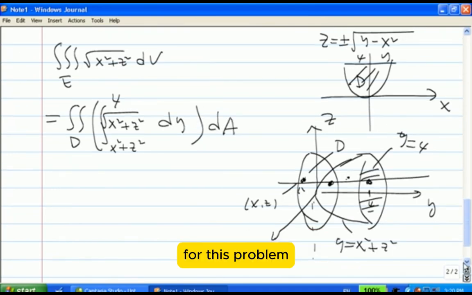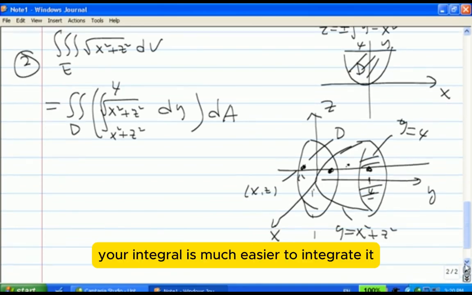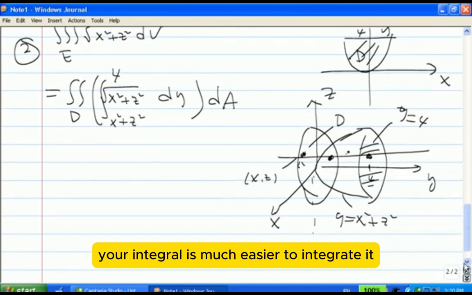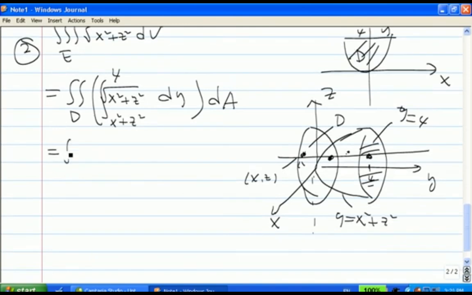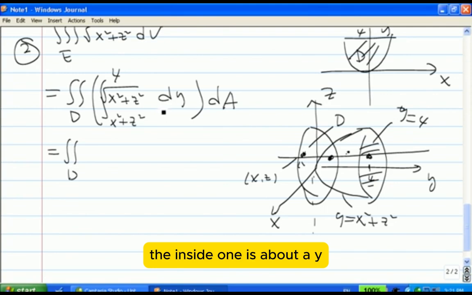For this problem, if you use the second way to do it, you're going to see your integral is much easier to integrate. Okay, now let's integrate the inside one. The inside one is about y, so you treat xz as a constant.